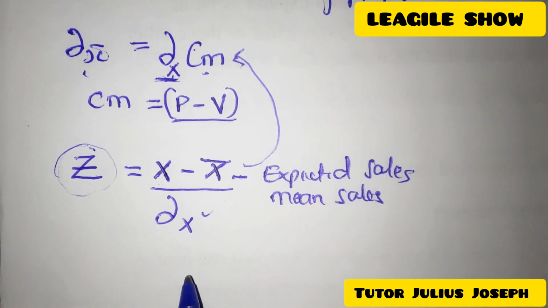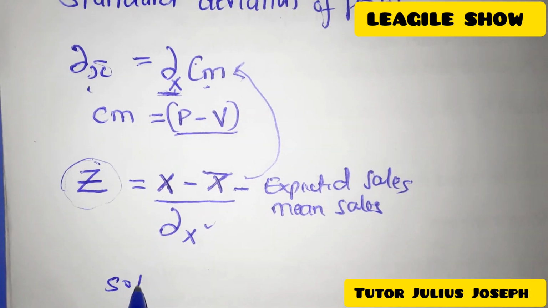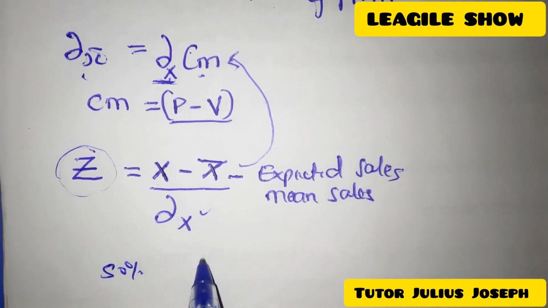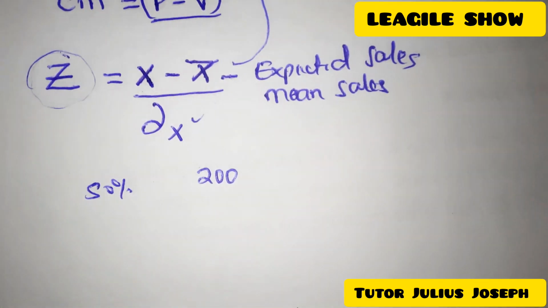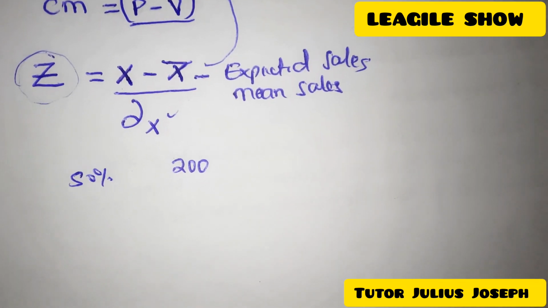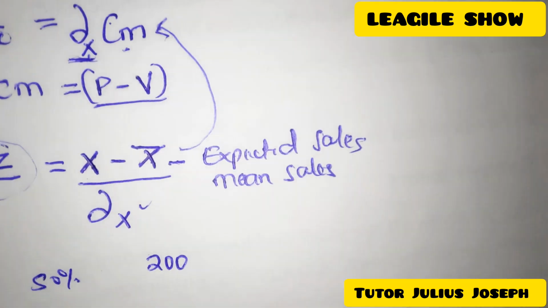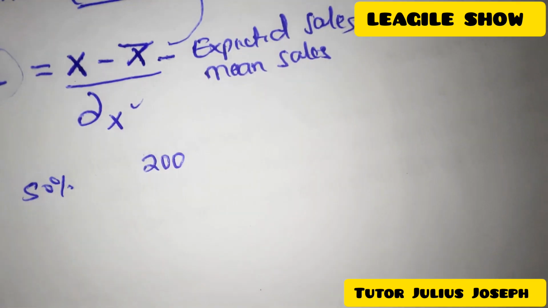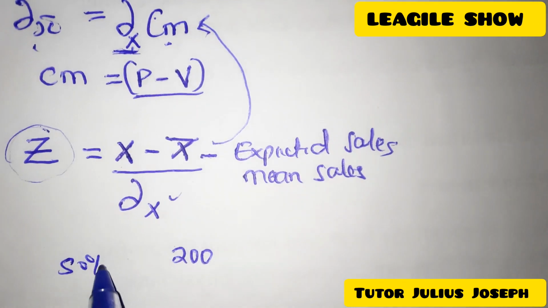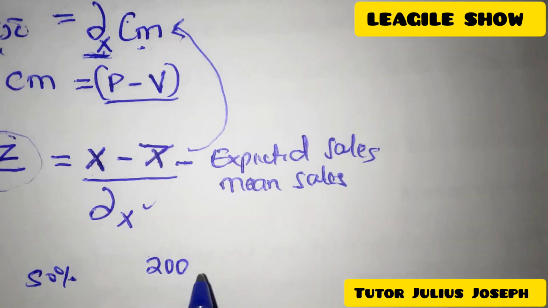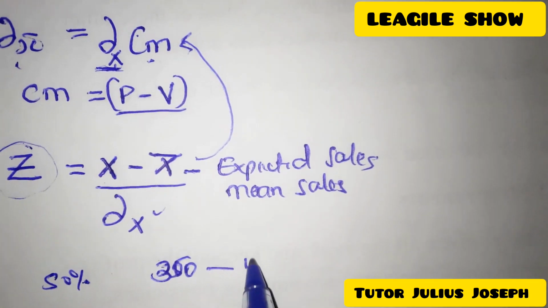Suppose maybe you are told that there was a 50% chance that sales will lie, for example, between 350 and 450.